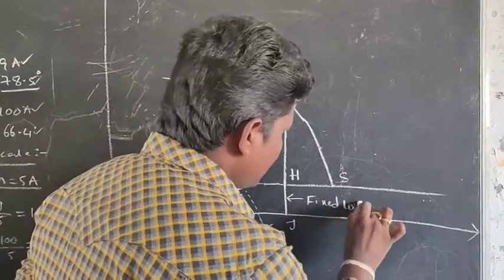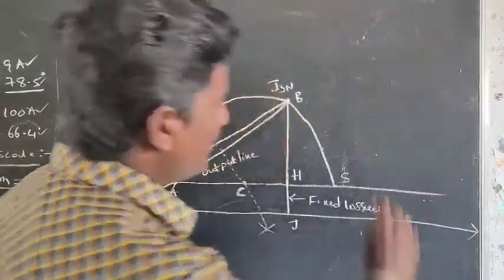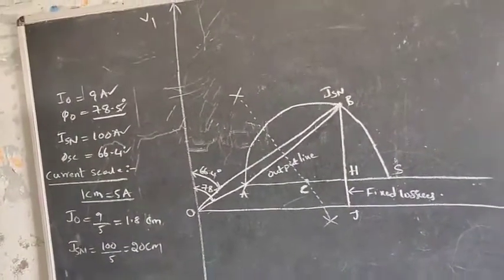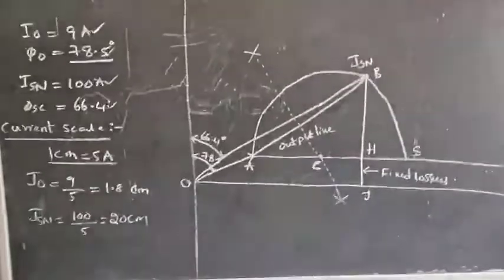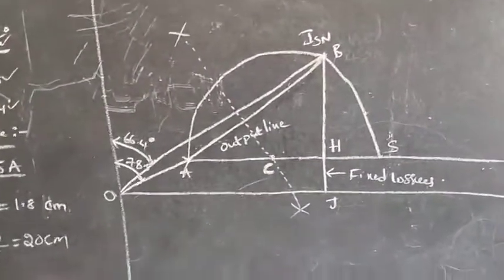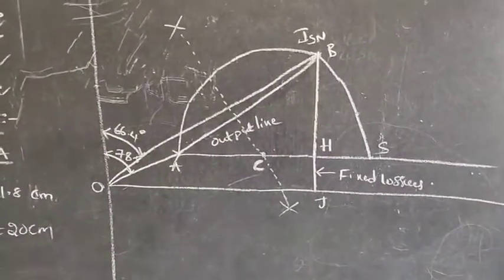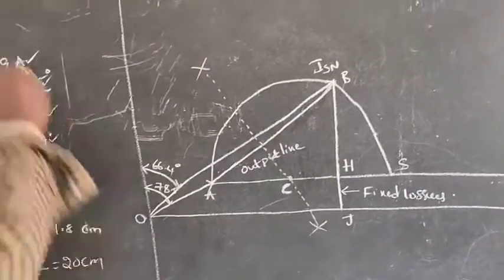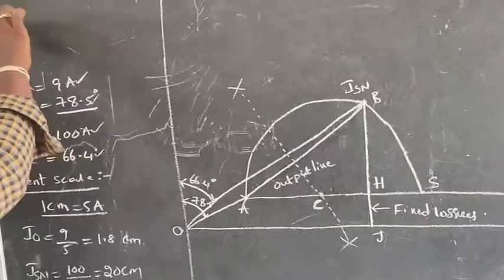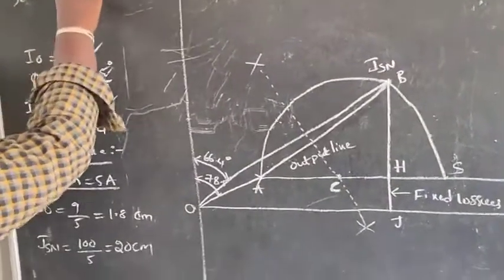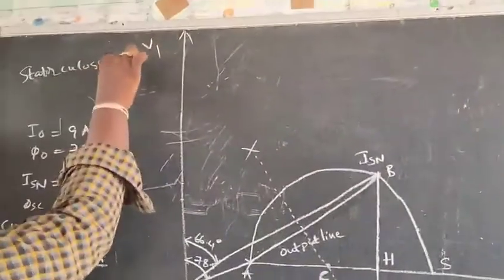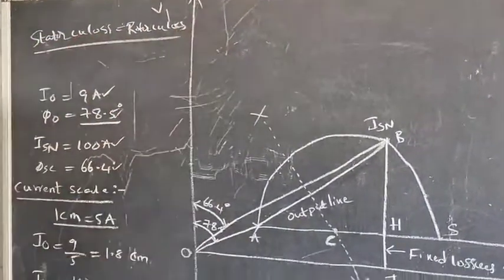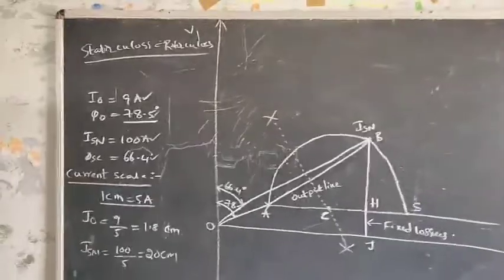This one is the fixed losses. After that, what is given in the problem is that the stator copper loss equals the rotor copper loss.